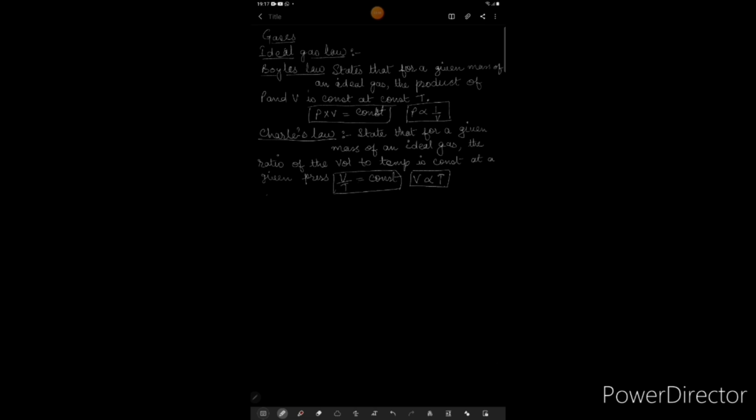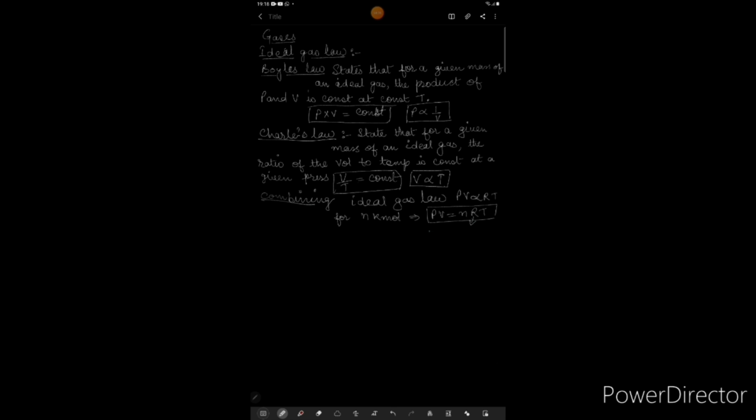So combining both equations, we get the ideal gas law, that is PV proportional to RT, and for n kilomoles of gas, this law becomes PV equals nRT.